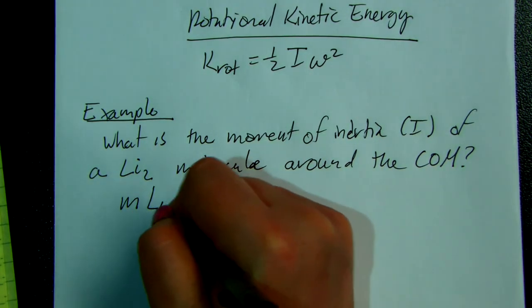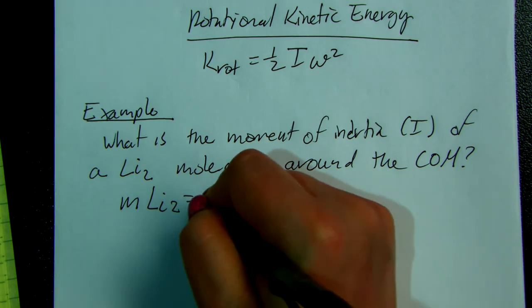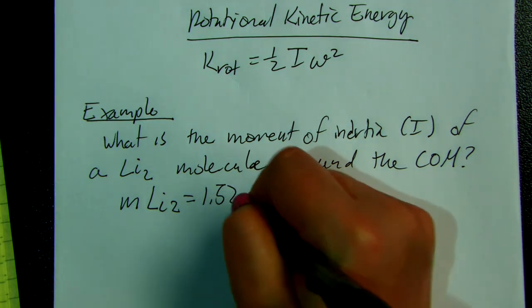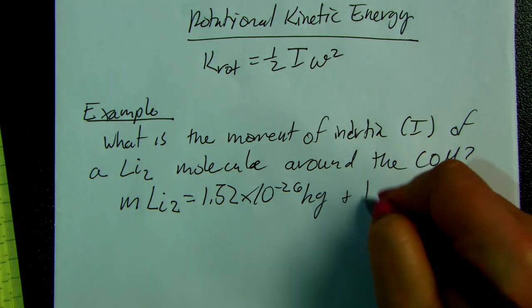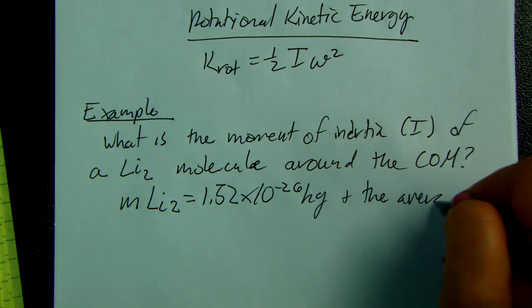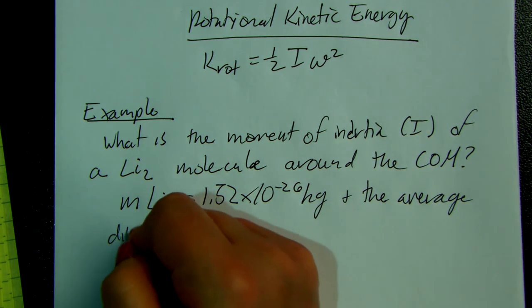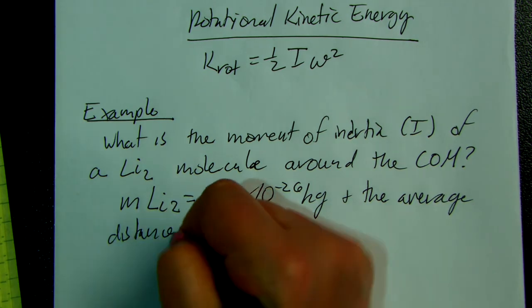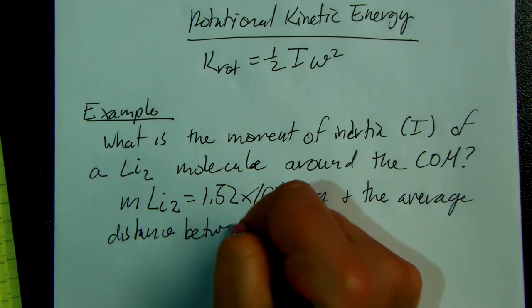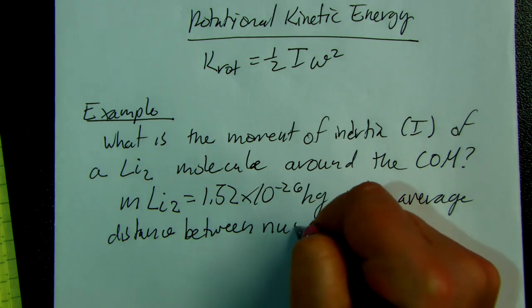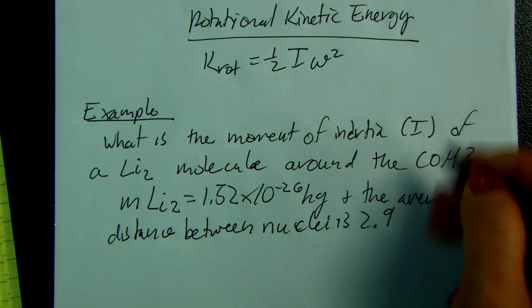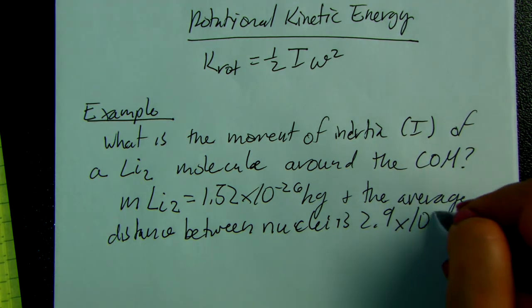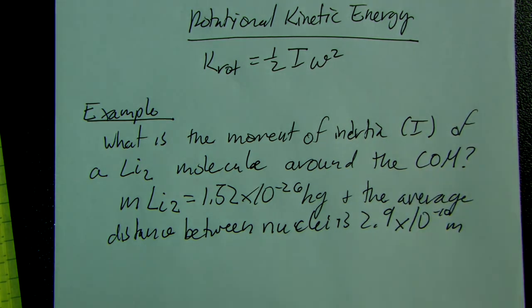The mass of a lithium molecule is 1.52 times 10 to the minus 26 kilograms, and the average distance between nuclei is 2.9 times 10 to the minus 10 meters.